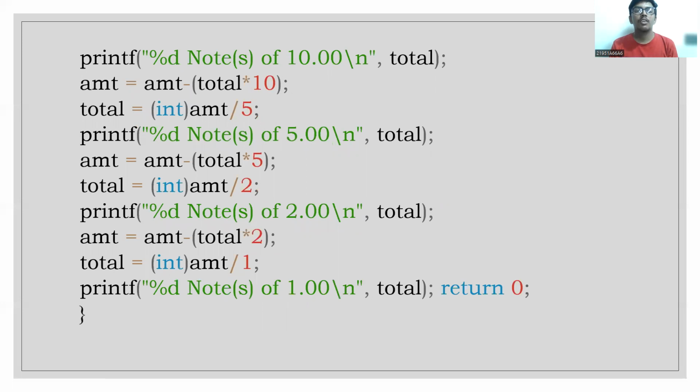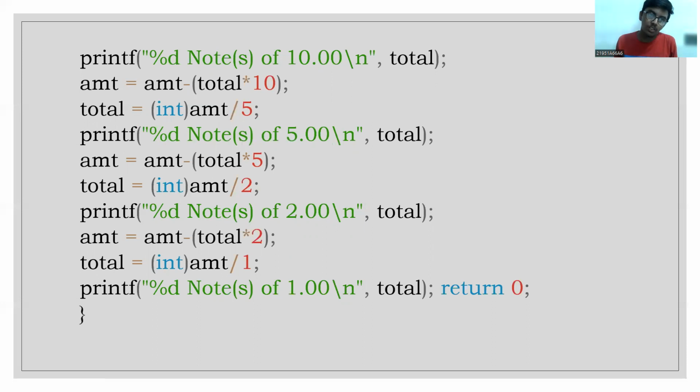Printf %d notes of 10, comma total. Amt is equal to amt minus total into 10. Total is equal to amount by 5. Printf %d notes of 5, total. Amt is equal to amt minus total into 5.